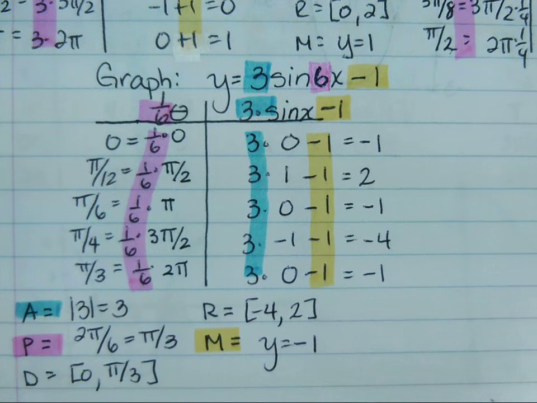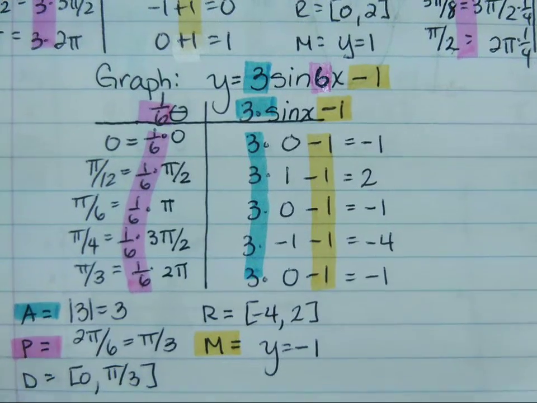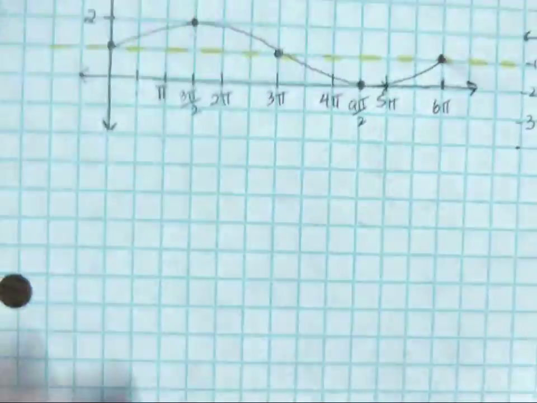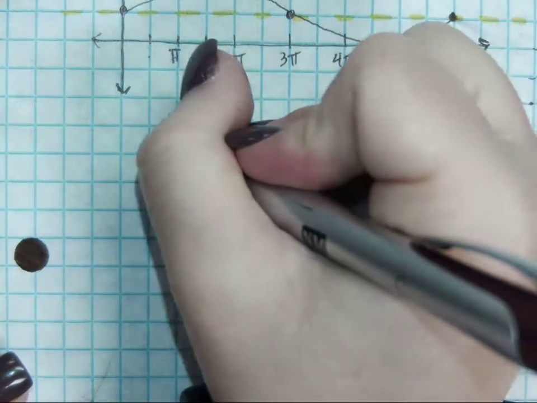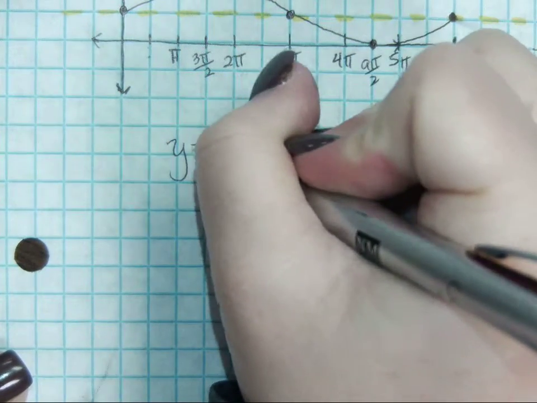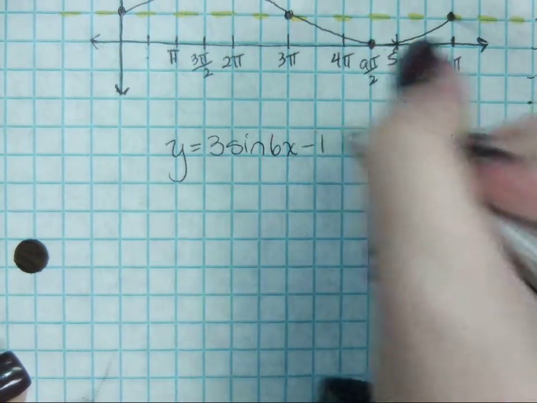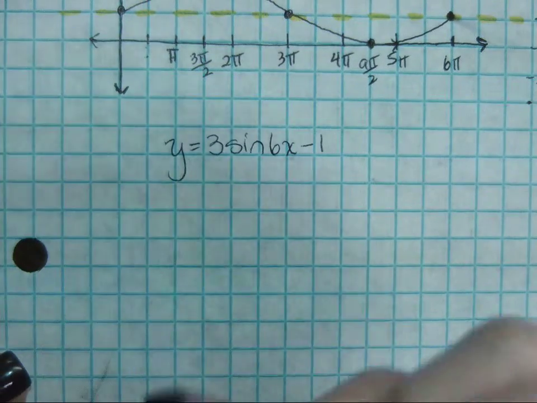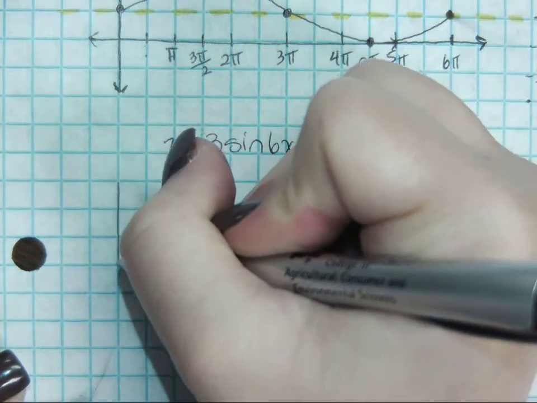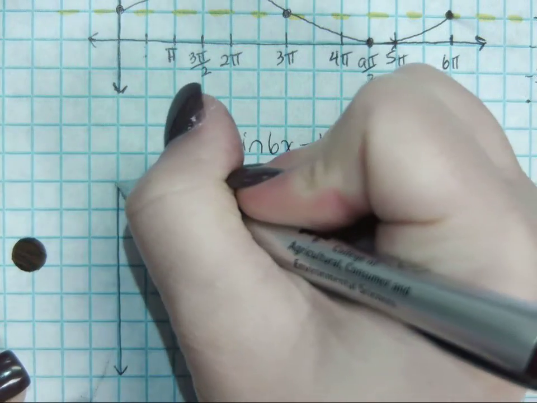So let's go ahead and make our graph. Again, this is going to be y equals 3 times the sine of 6x minus 1. And so you need to have a lower y-axis.